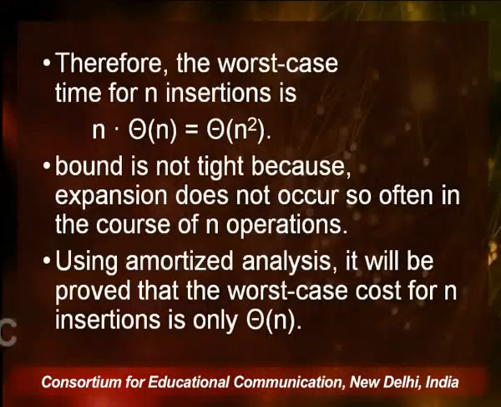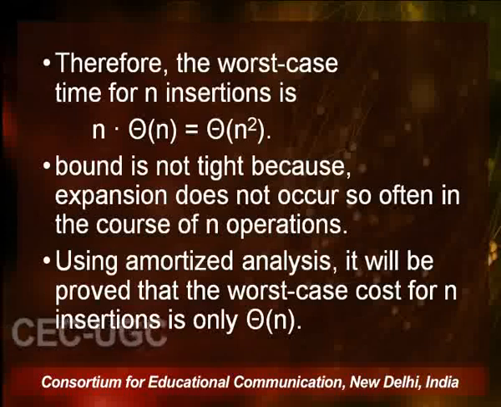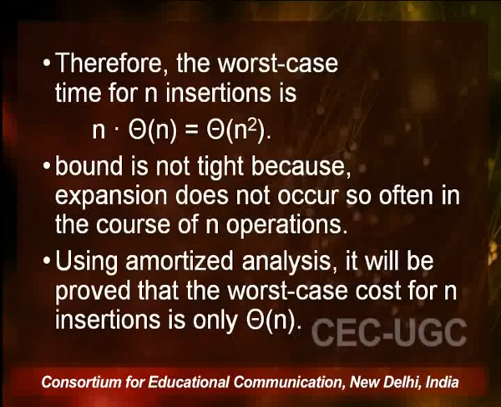So first we move the n elements which are already available, and that theta n amount of work of moving will be followed by one insertion, which incurs theta 1 amount of work. So the total worst case time for n insertions is going to be n multiplied by theta n, where theta n is for one insertion.